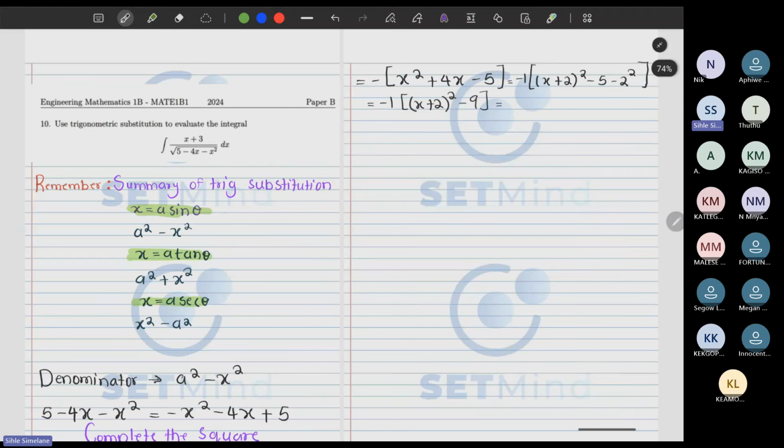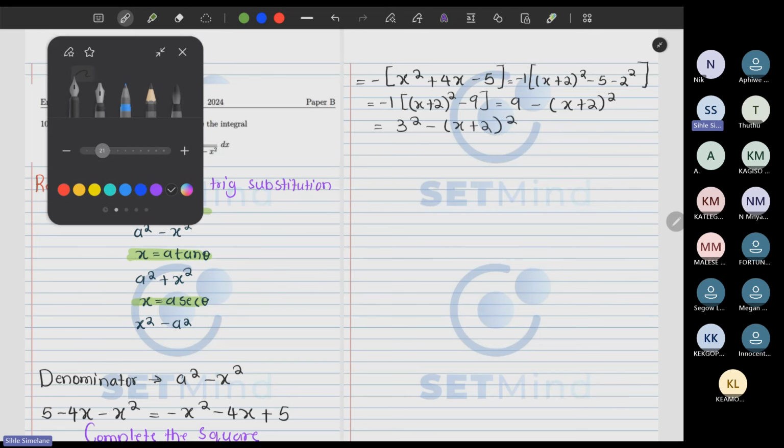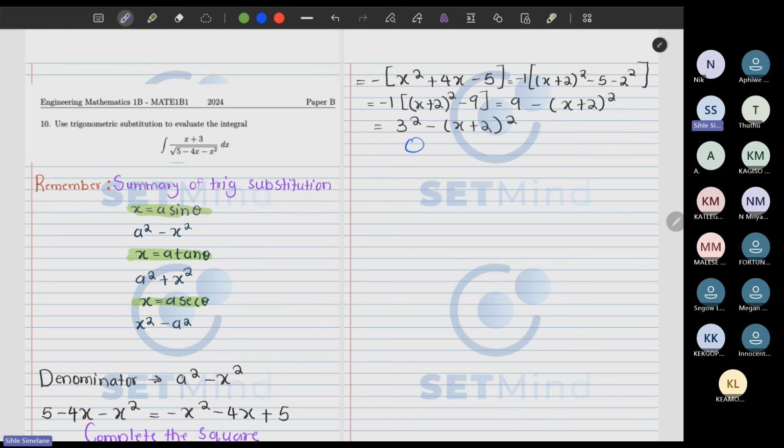If you multiply this out, you will end up having 9 minus x plus 2 all squared, and this 9 can be written as 3 squared minus x plus 2 all squared. What I see above makes me very happy because it looks like the form that I need.